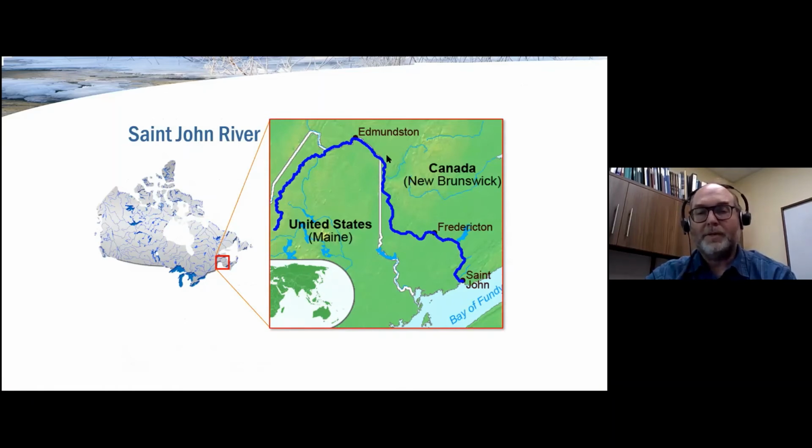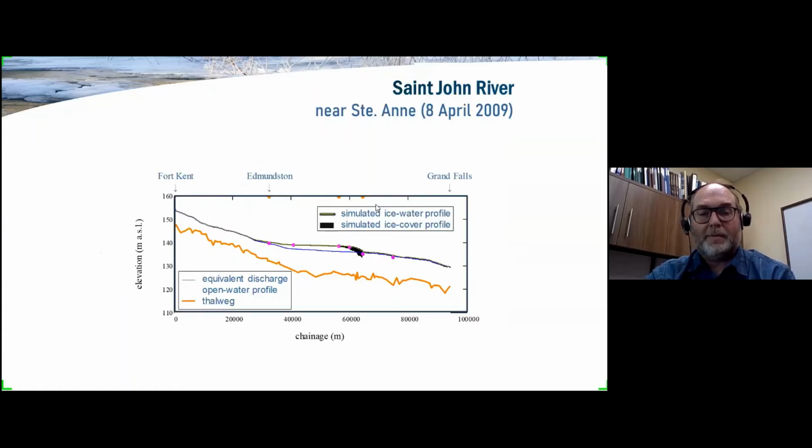We also want to extend this to the regulated part here. The next dams are at Beechwood and Mactaquac as well. But for a first shot, we went for the headwater part, and we're able to simulate those jams quite well.